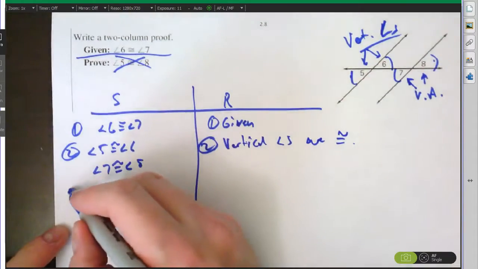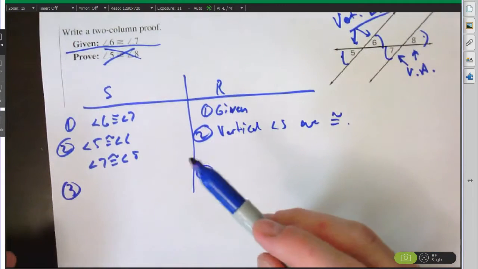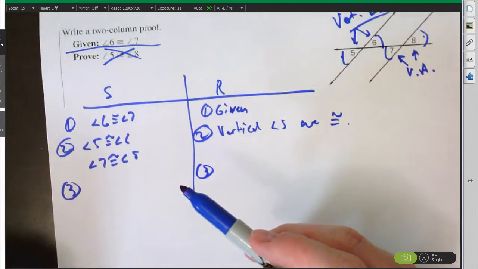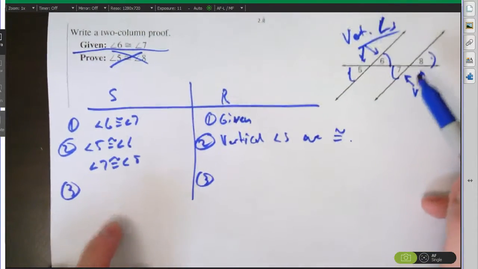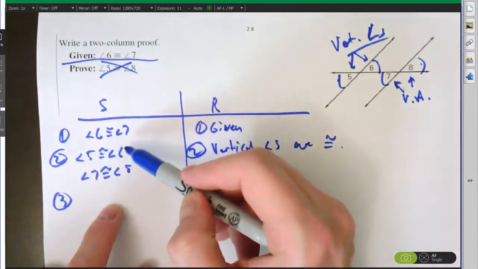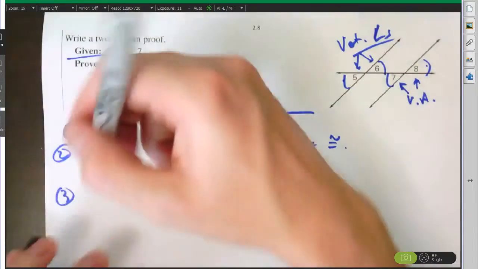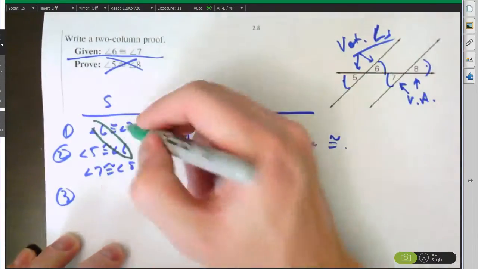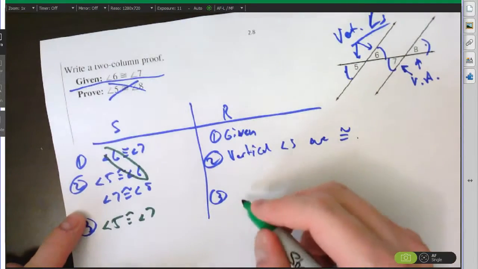And now this is the part where most people get tripped up. I can't just say 5 is directly congruent to 8. What I know is that 5 is congruent to 6 and 6 is congruent to 7. So I can use angle 6 to get 5 and 7 congruent by the transitive property.